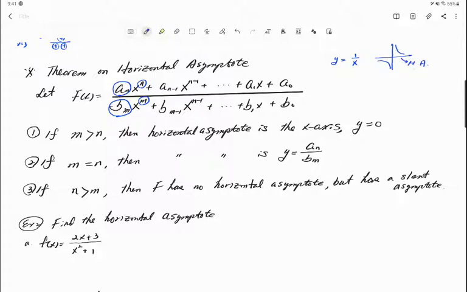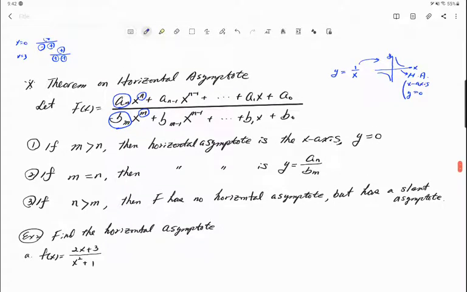The horizontal asymptote is the x-axis, isn't it? Y equals 0. Do you remember this part? The graph of 1 over x is always like this, always. With the x-axis and y-axis, the horizontal asymptote is the x-axis.